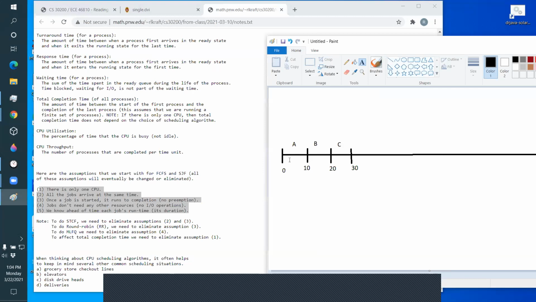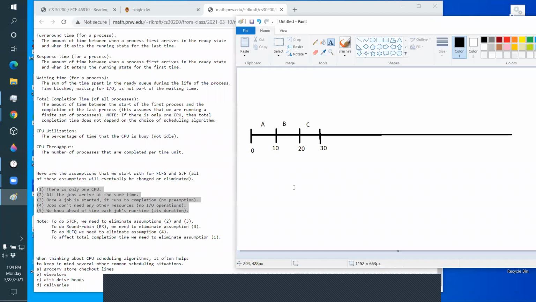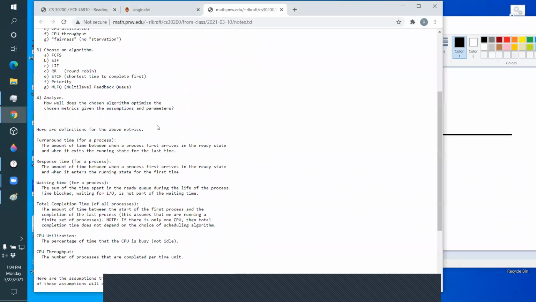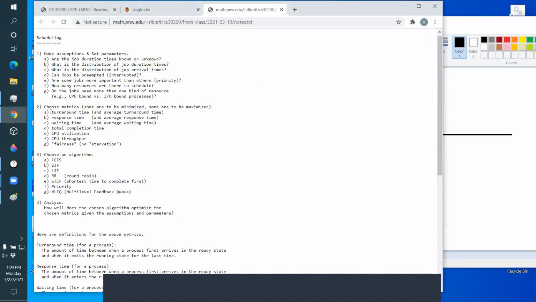There's only one CPU to use. So we run one until it's done, then the next until it's done, then the other one until it's done. The question here is, what's the turnaround time, and what's the response time?